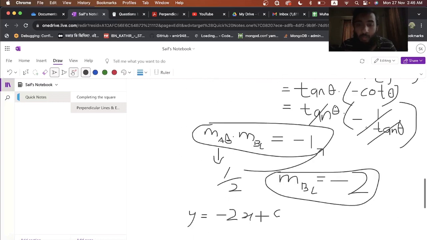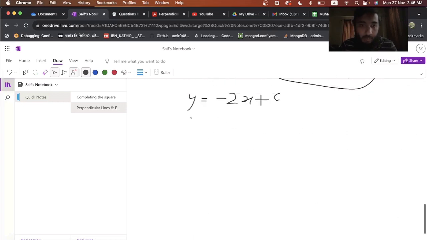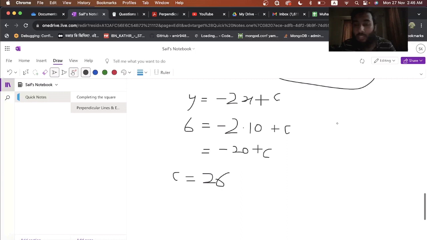So if I use the values here, y is 6 and x is 10: 6 equals minus 2 dot 10 plus c, or minus 20 plus c. So the value of c here is 26.